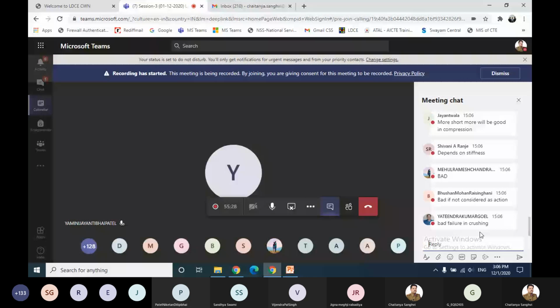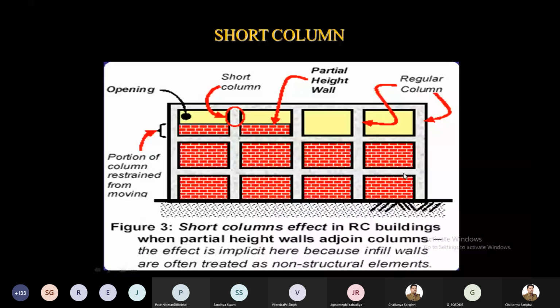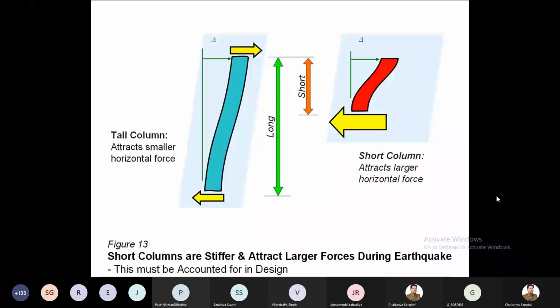You see, the most important part is that neither of you is correct. We have to be very specific when we give the answer. If you look at this, this is a tall column, a long column, and this is the short column.